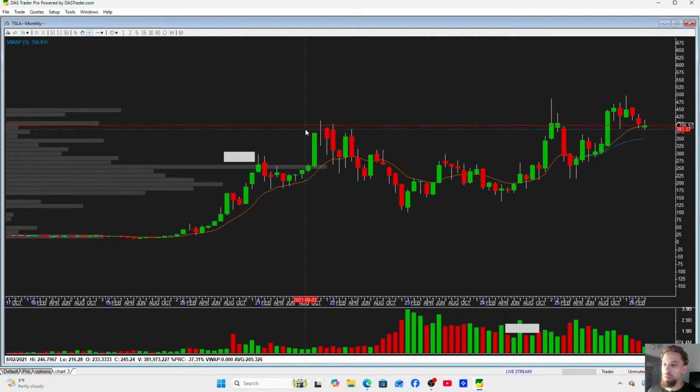So Tesla's at a pretty significant area of support. We got lots of liquidity around this $375 to $400 range. Seems to be finding some support here around this 387 range. I think a pretty obvious area for me for support.